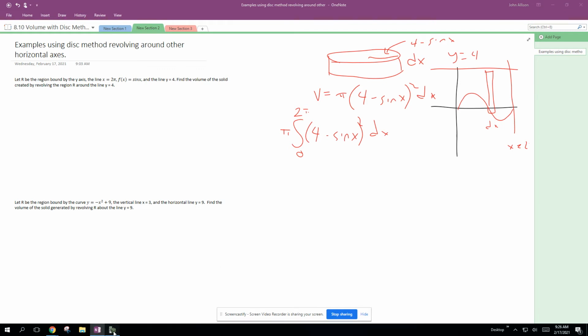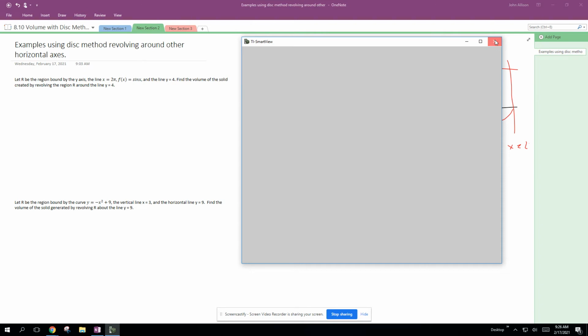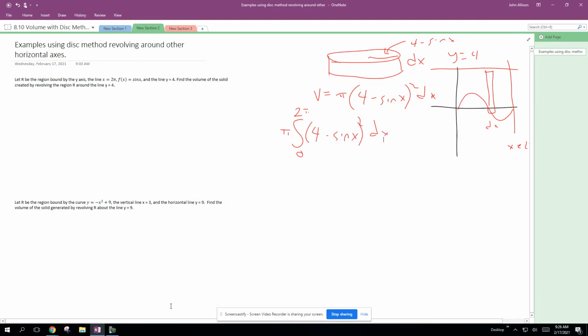My calculator still isn't working on my computer, so until I can get that going again, I'll have to just show you. I'll write down what I enter in this TI-84. We're going to do math 9 to get the integral up. I'm going to go from 0 to 2 pi.